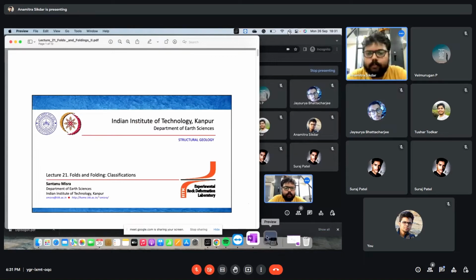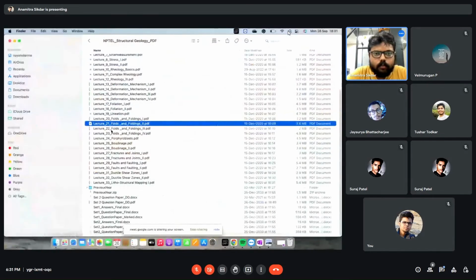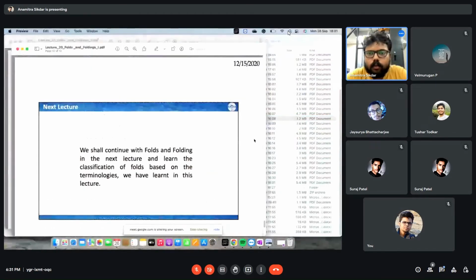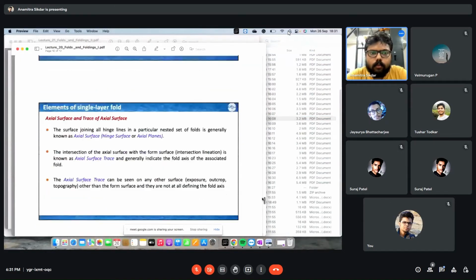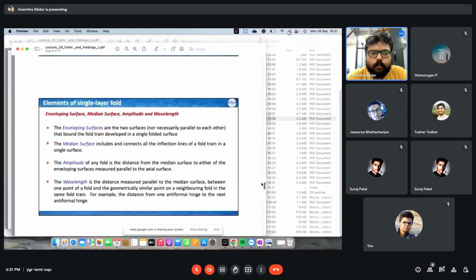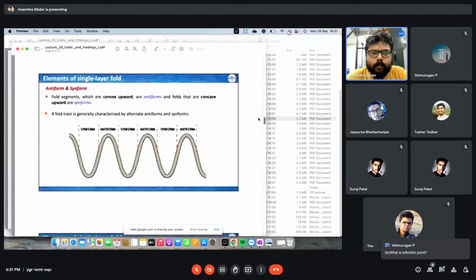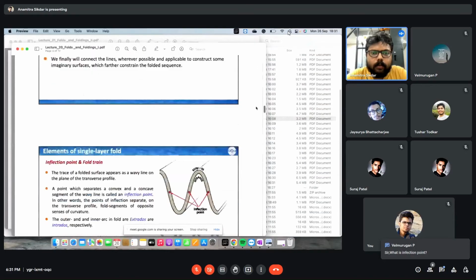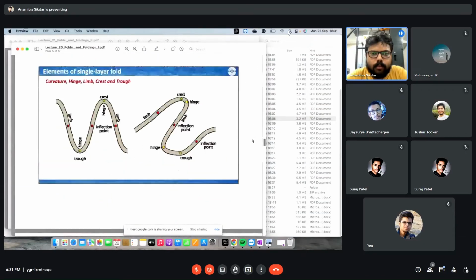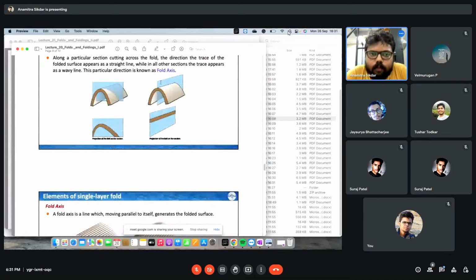So for example, there's some very simple image. I couldn't find that. Yeah. So this plane is the axial plane, right?